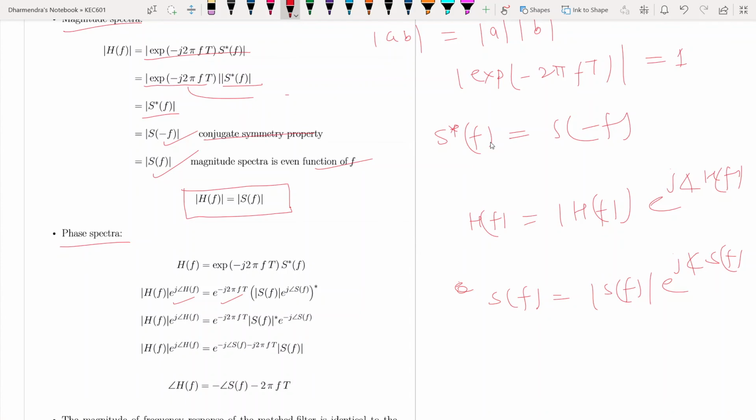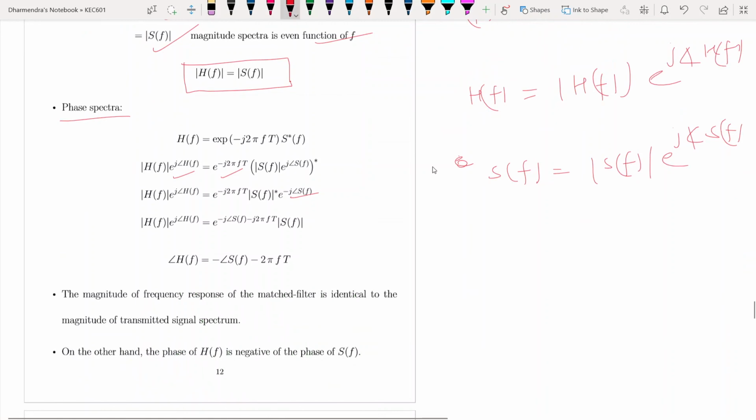The conjugate of a real quantity is the same. Due to the conjugate, the complex exponential will have a minus sign. Now I will compare, because H of f will be equal using this, so this will cancel out. Now I compare the angle part of the exponential term, so I get this.